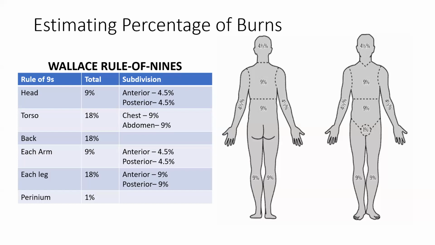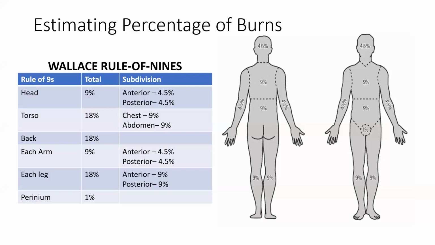If we have burns at the torso, if it's the chest only, it's 9%. If it's chest and abdomen, then we have 18%. Then you can also have a look at the back, and then also each arm. For each arm, if the anterior is burnt, then that is 4.5. If it's both the anterior and the posterior, then it makes a total of 9.